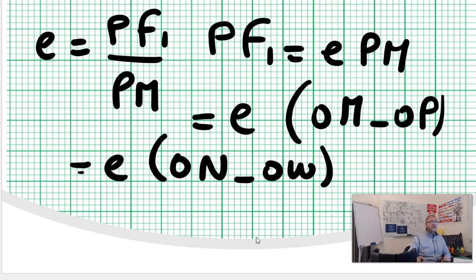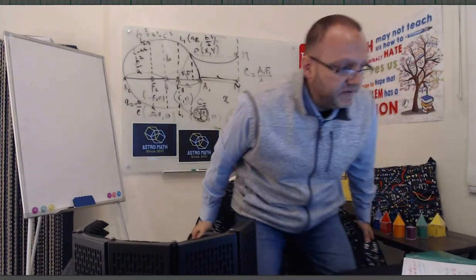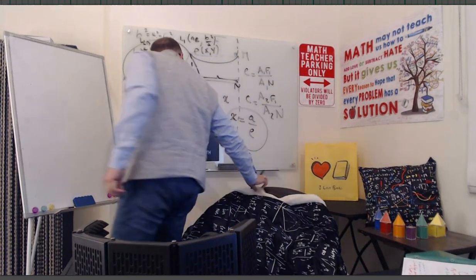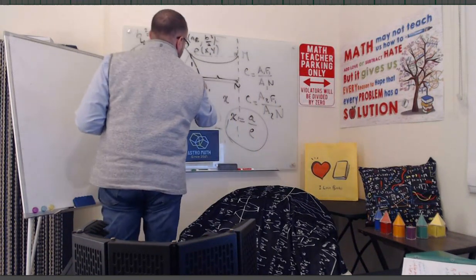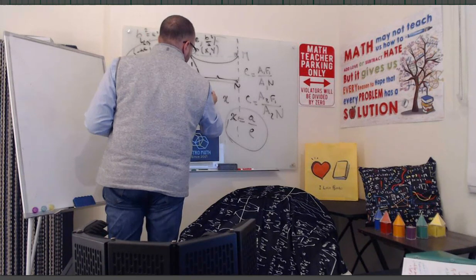ON, what's W? Here. W is this point here. That's what I meant by W. W is this point right here, which has an X, and the y is 0 because it's on the x-axis.